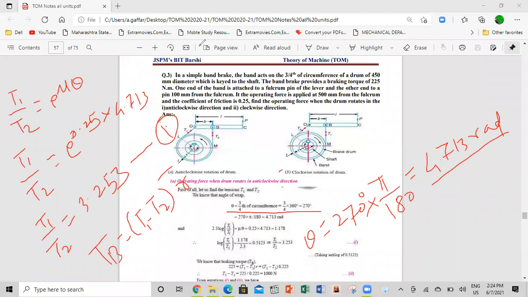Converting the unit from millimeter to meter, the radius will be 0.225 meter.